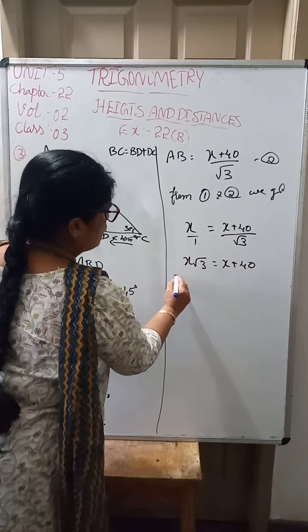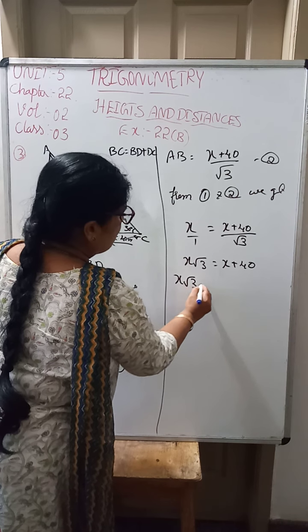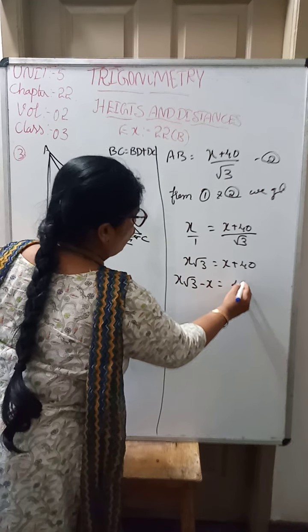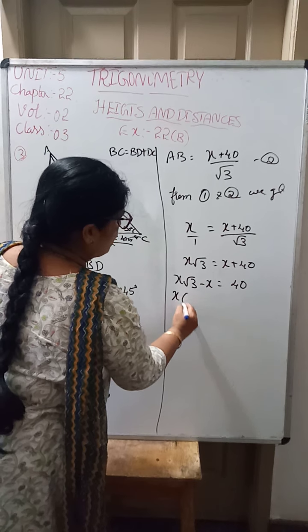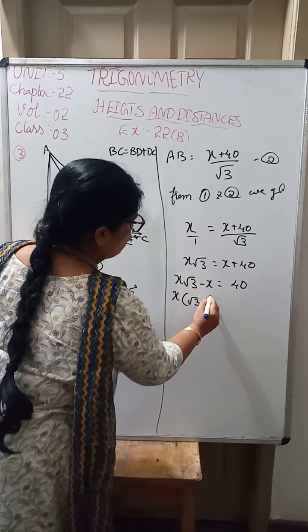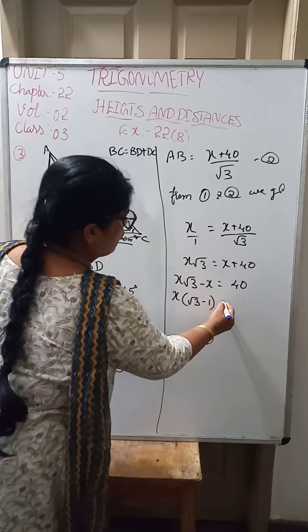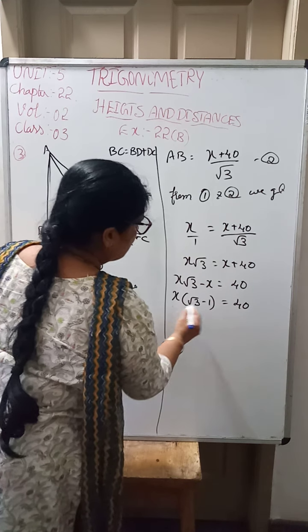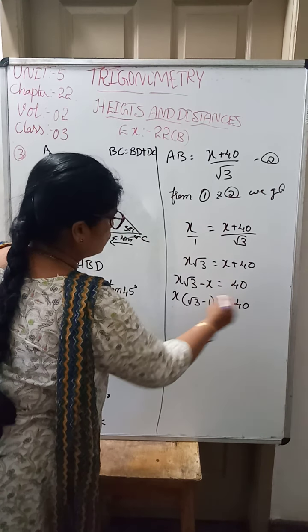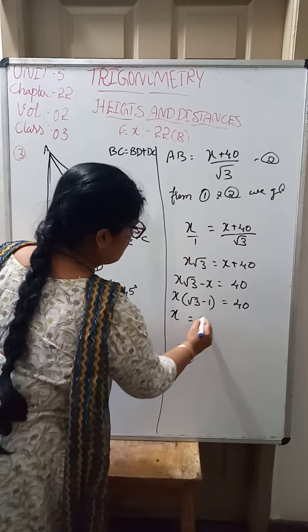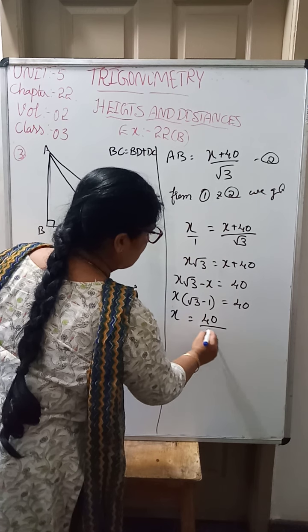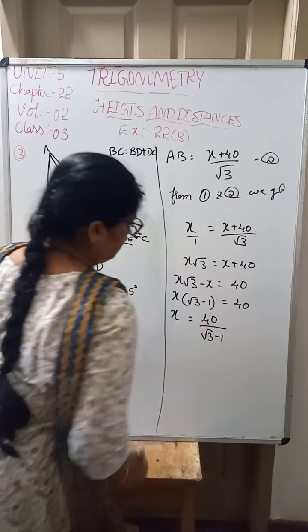Now take the X to this side. X root 3 minus X is equal to 40. Now take the X common. X into root 3 minus 1 is equal to 40. Now take this root 3 minus 1 to that side. X is equal to 40 divided by root 3 minus 1.